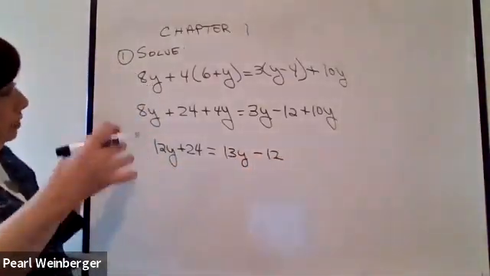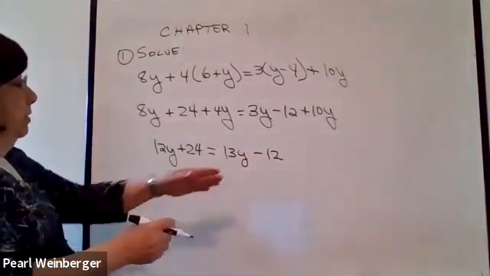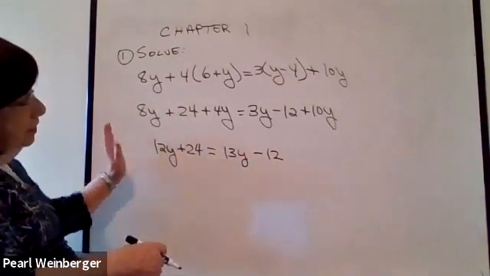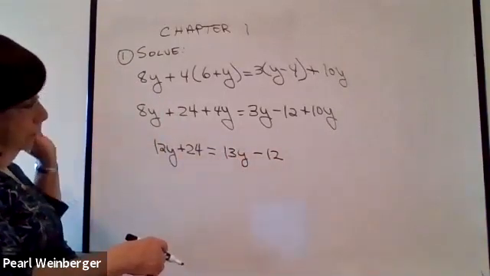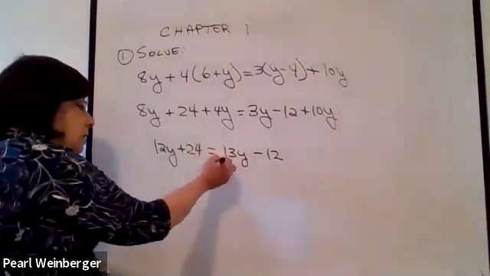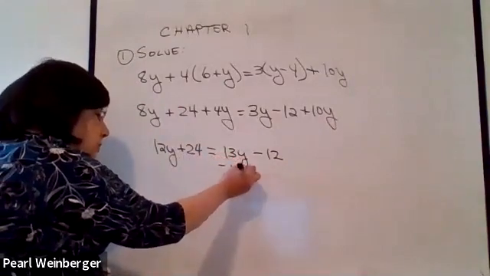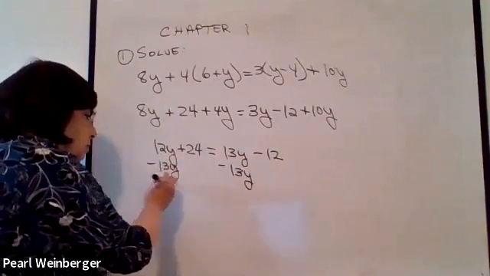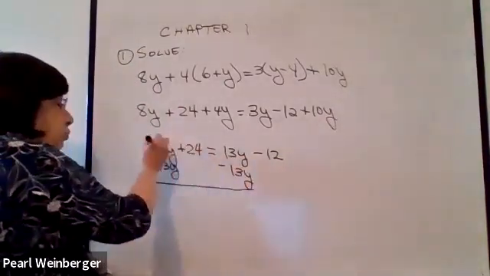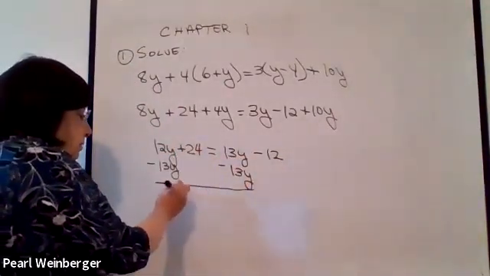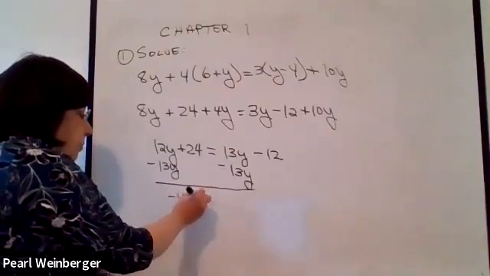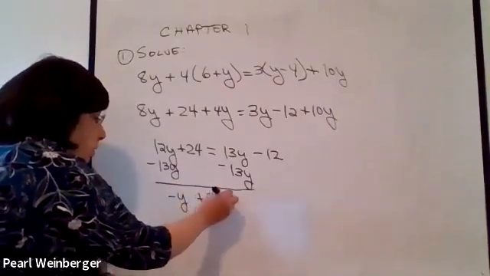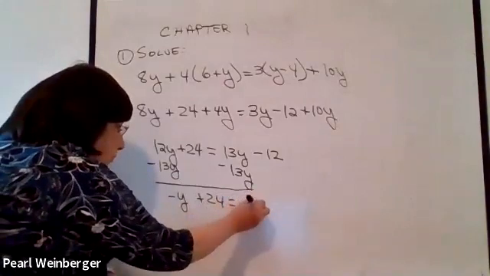Then I bring all the y's to the left side, so I do minus 13y from both sides. And 12y minus 13y is minus y, plus 24 equals -12.